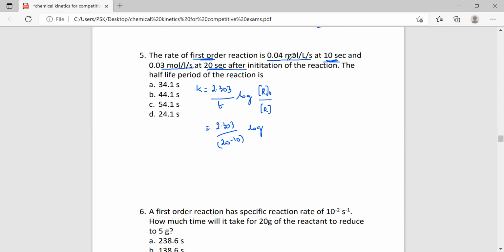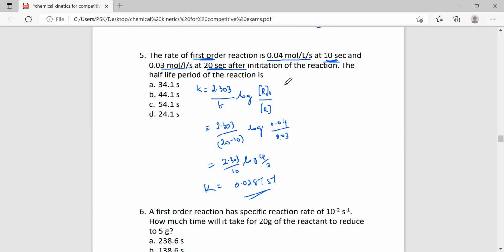At 10 seconds, the initial concentration is 0.04 and after some time t, the concentration will be 0.03. So on simplification, we can write 2.303 by t log of 4 by 3. On simplification, we will get 0.0287 per second. This is the rate constant.